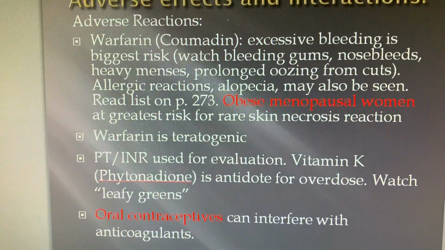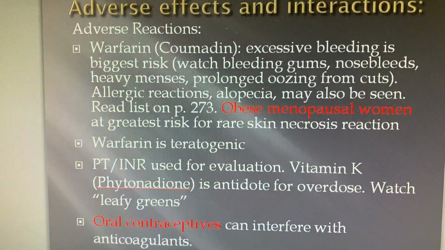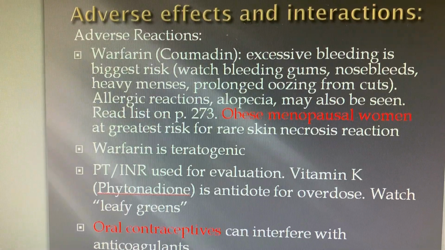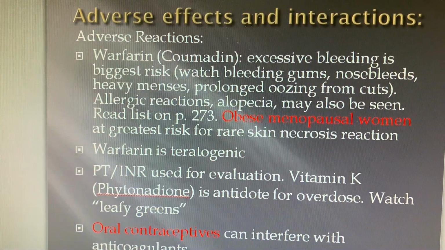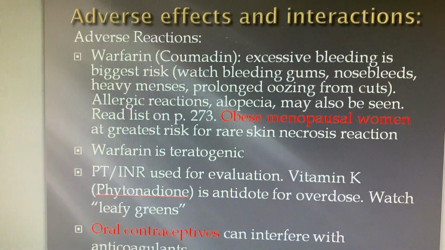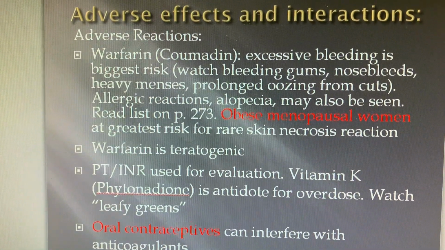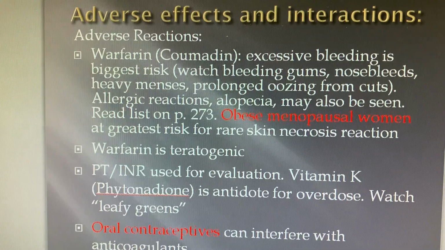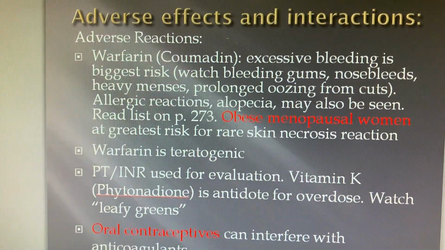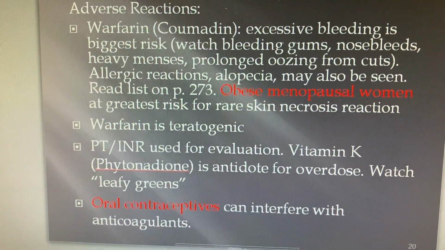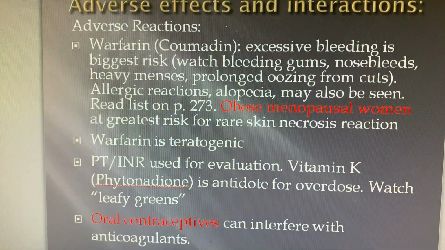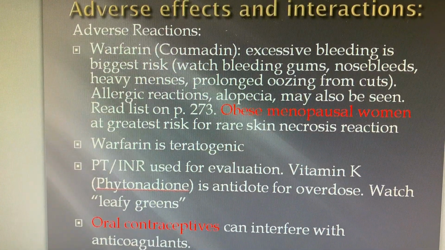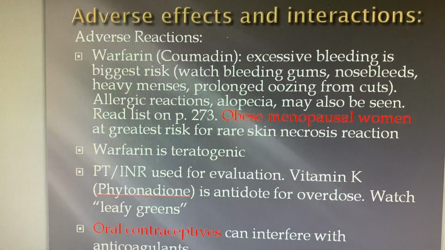And if you load up with a bunch of vitamin K rich foods, you're going to interfere with that. So they don't tell people to stop them completely. If they're used to already eating a lot of vitamin K rich foods, they'll just tell people to keep their diet stable, but they don't want to add them to somebody who's not getting them. And you don't want to abruptly stop either. You just want to keep your intake level at all times.